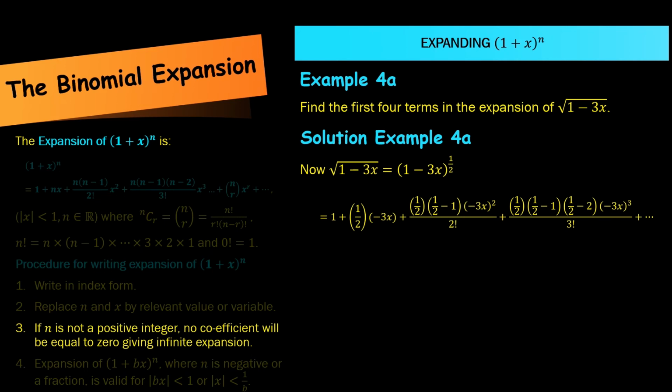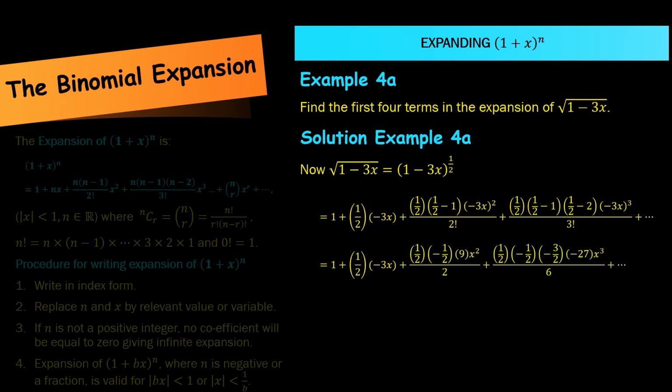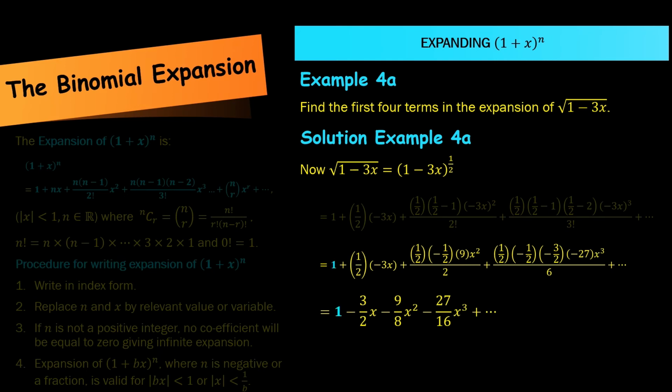And now we can start to tidy up our expression, giving us the first 4 terms in the expansion of root 1 minus 3x.